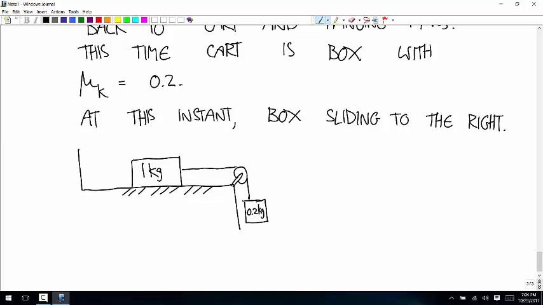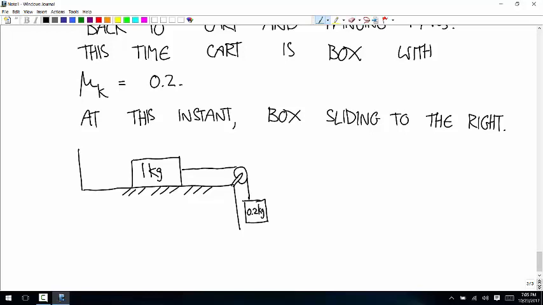So when we did this problem without friction, what happened? It had this accelerated this way. So this had an acceleration this way of 1.635 meters per second squared. And so now we're going to see, now that we've added friction, here are the possibilities of what could happen. So first, it could still be accelerating this way, but just with a smaller acceleration than 1.635.